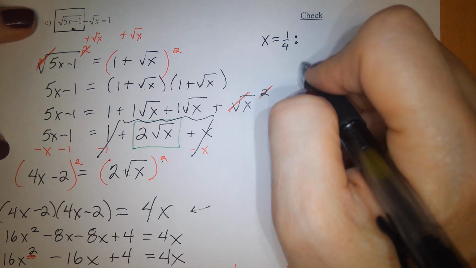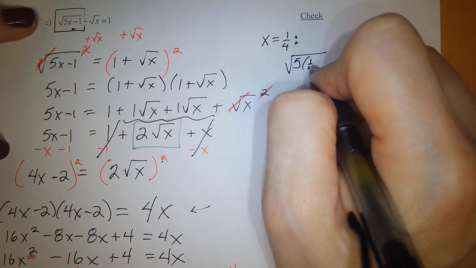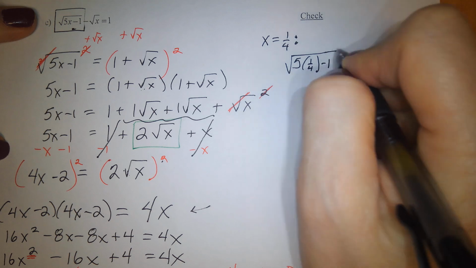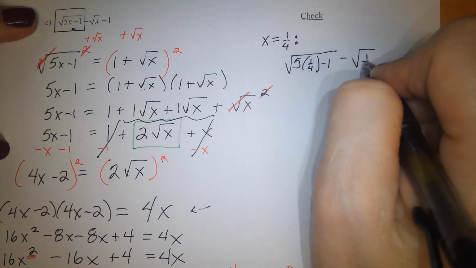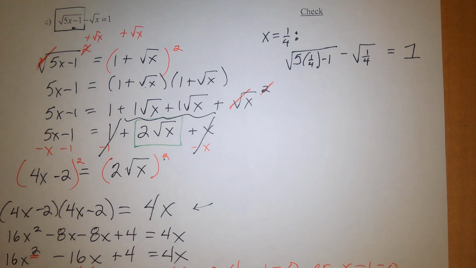So I would have square root of 5 times 1/4 minus 1, minus square root of 1/4, and is that in fact equal to 1? Now this problem might be a little bit easier to do in the calculator, so I'm going to get my calculator out and try this.